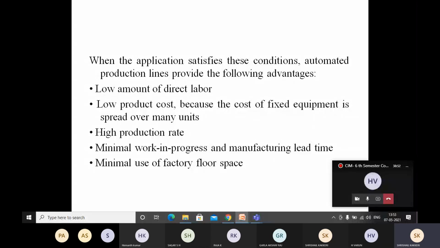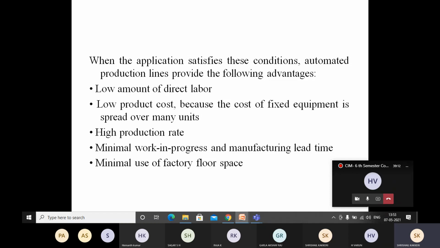Definitely the production rate will be very high, with minimum work in progress and manufacturing lead time, because all these will be integrated together. You know that the manufacturing lead time is the amount of time which a part or a product spends from the raw material to the final shape.